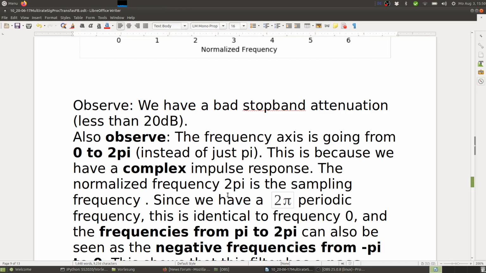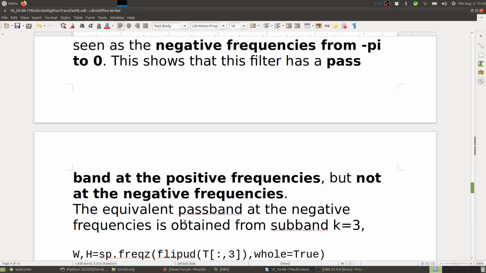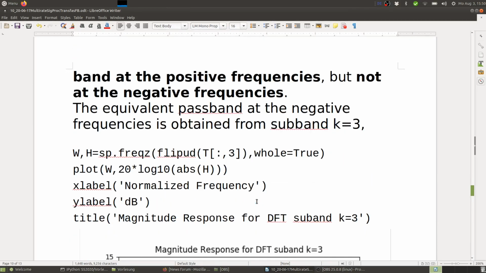Yeah, so the normalized frequency 2 pi is the sampling frequency. Since we have a 2 pi periodic frequency, this is identical to frequency 0, and the frequencies from pi to 2 pi can also be seen as the negative frequencies from minus pi to 0. So it's the same. This shows that this filter has a passband at the positive frequencies, but not at the negative frequencies.